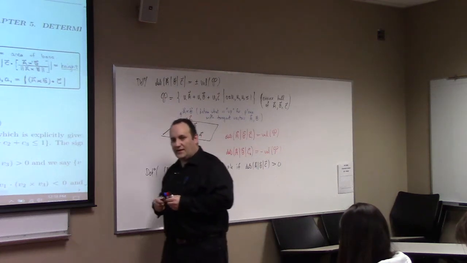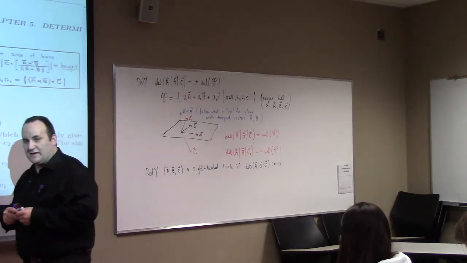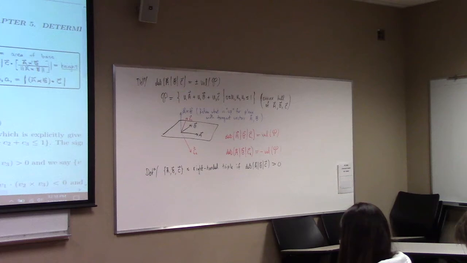If the determinant of A, B, C is negative, that means it's a left-handed triple. Now, sometimes people also assume that A and B and C are perpendicular, but let me not assume that for our purposes at the moment. Okay? So this motivates the determinant.